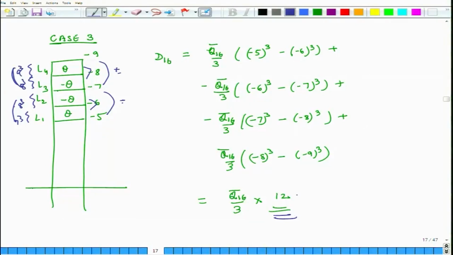So, the point is that using these types of approaches we can reduce D16, D26 to a small number, and for such stacks A16 and A26 will be anyway 0 because for each theta there is a negative theta layer, and for such stacks B will also be 0 because the overall lamination sequence is symmetric. So, in this way we are able to get exactly B is equal to 0, that condition.